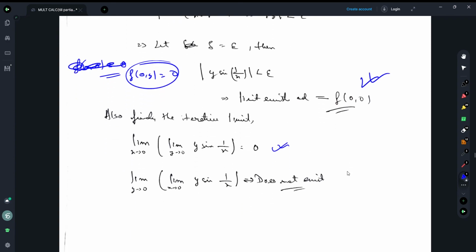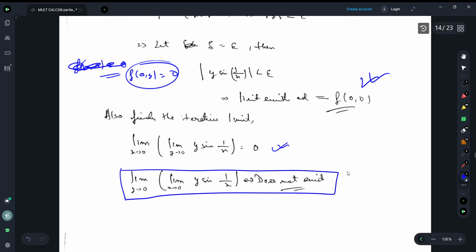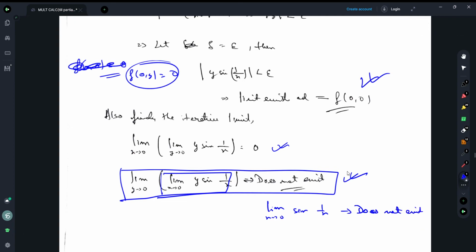But you will see that one of the iterated limits does not exist, because this particular limit won't exist. The limit as x tends to 0 of sine of 1 over x does not exist. Is it clear? Got it?